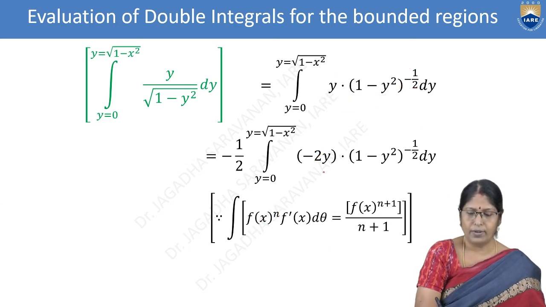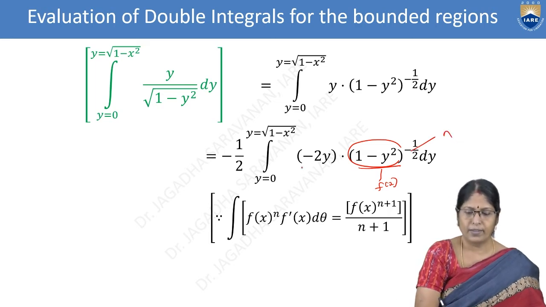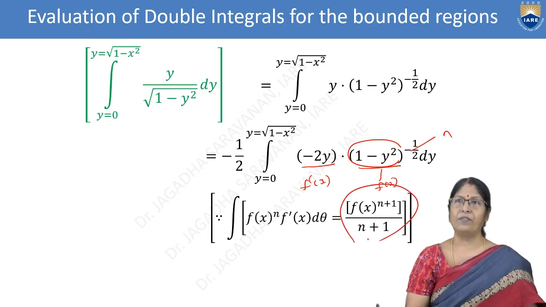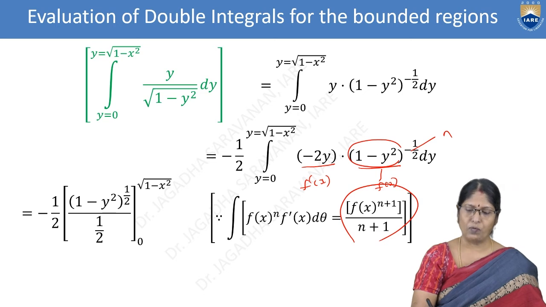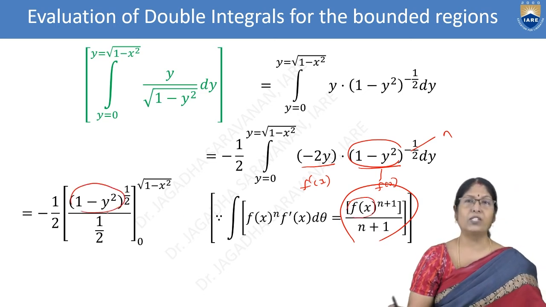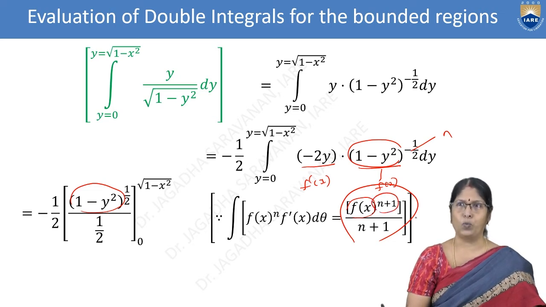So now, this is f of x playing the role, this is n playing the role, and this is f dash of x playing the role. So this is the result we will apply. We applied: f of x is nothing but 1 minus y square, the power is n plus 1.